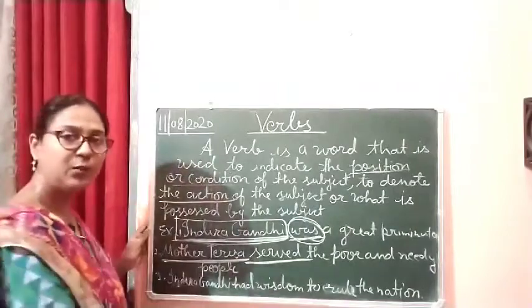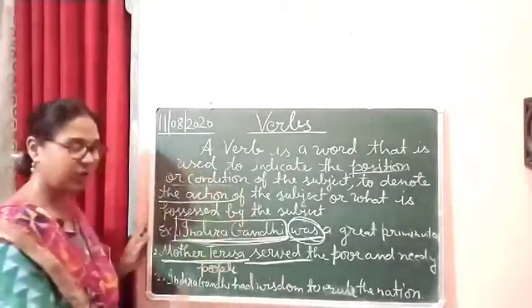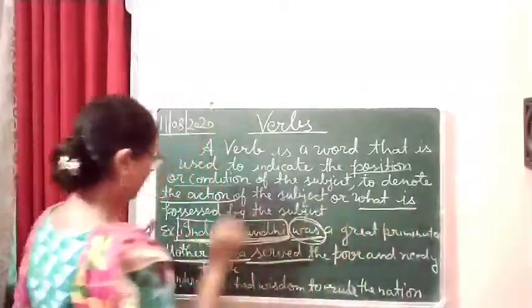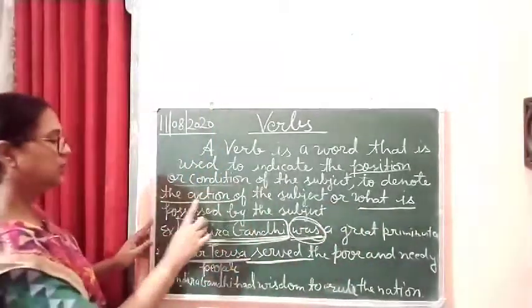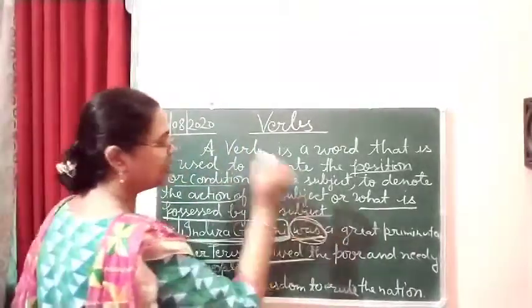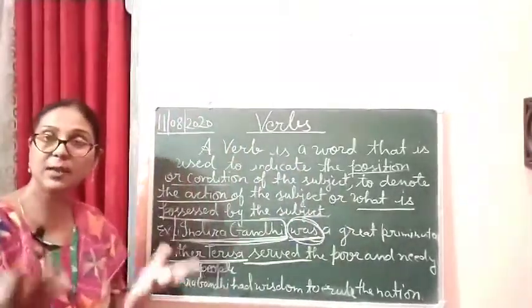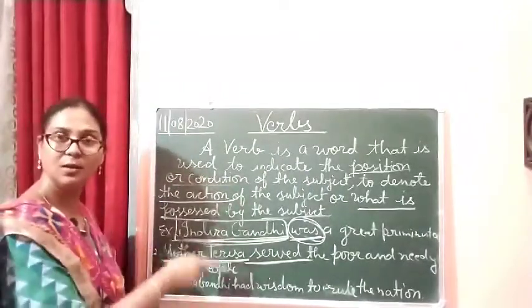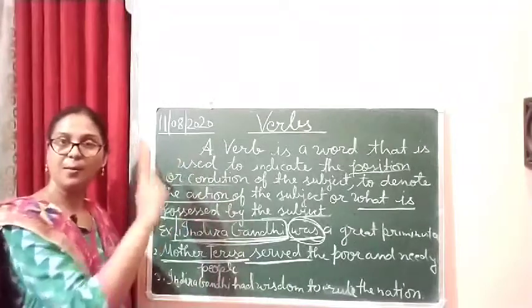And now we are moving to the third point of this definition, which tells you what is possessed by the subject. What the subject is having, that we are going to tell in the verb.